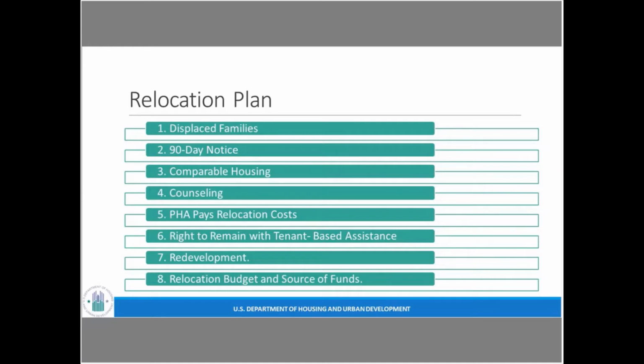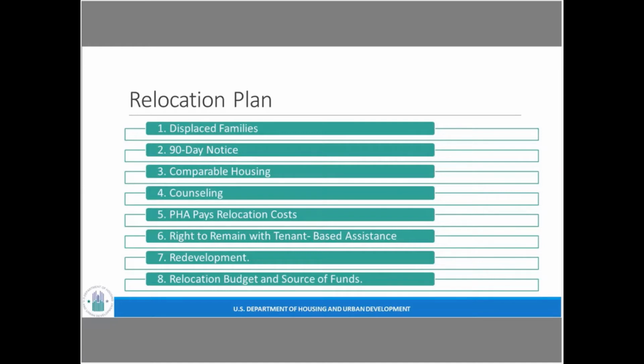So just to walk through an example, in the situation where a housing authority is proposing to retain a property as affordable rental housing and has plans to PBV the project, the housing authority would need to offer the families 3 forms of relocation or comparable housing.